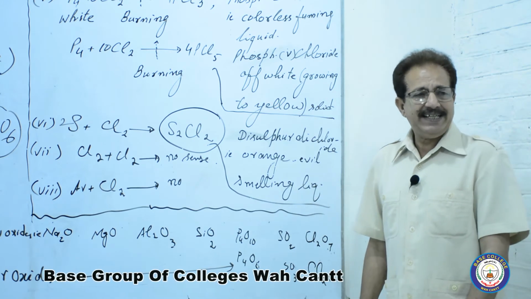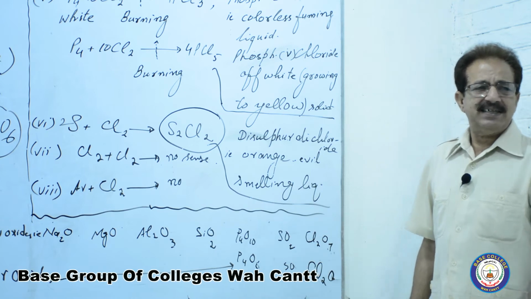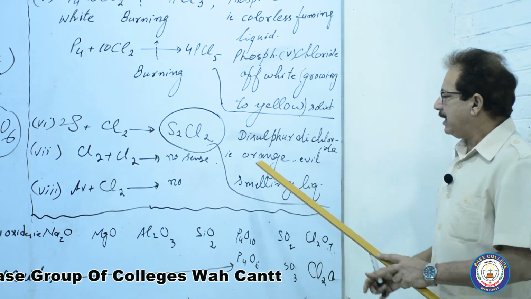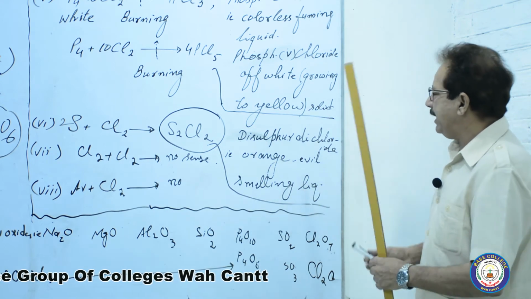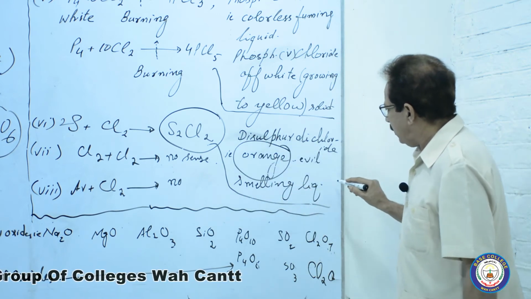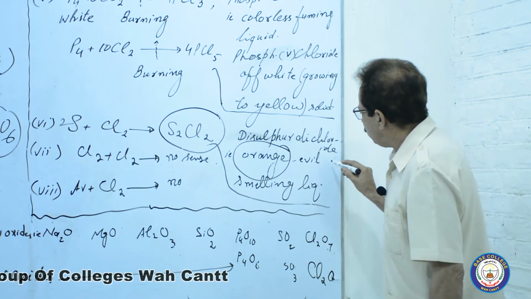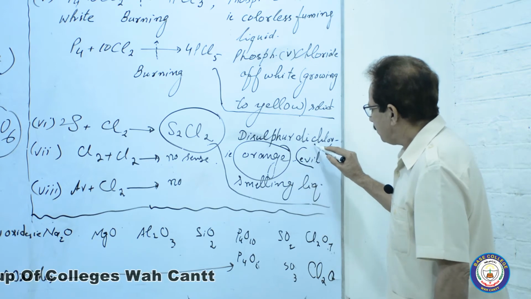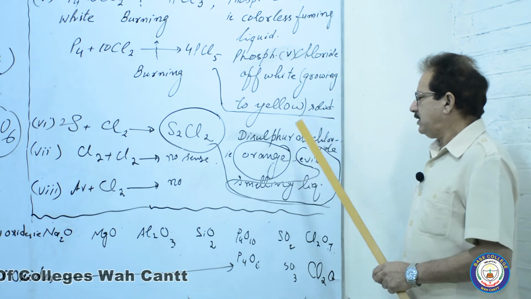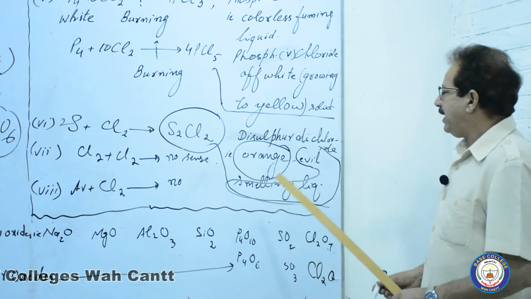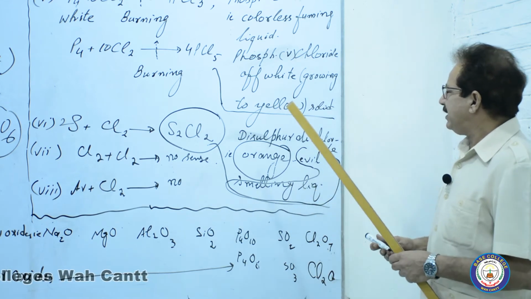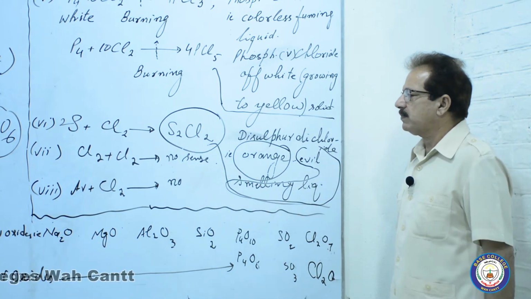Evil means disliking, not pleasant, a very bad smell. The color is orange and the state is liquid. Here you have to memorize things for MCQs: one, the color of the compound; second, evil smelling and physical state, liquid; and third, you can also consider the name of this compound.